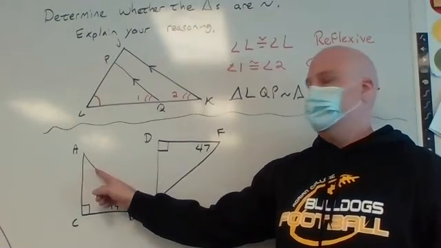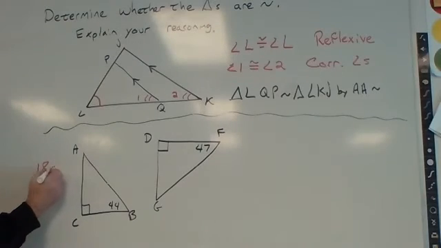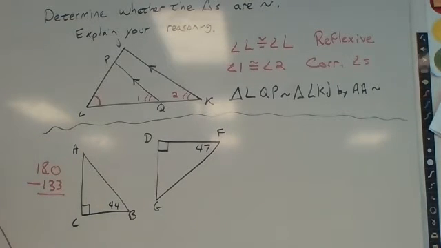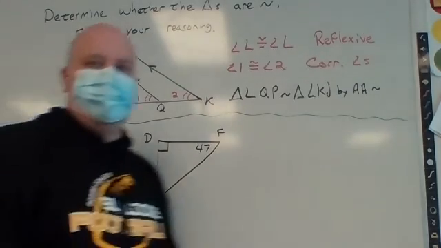You add the 90 and 44 together, and then you subtract from 180. 90 and 44, not 43. 90 and 44 make 134. What is 180 minus 134? 46. And so we just proved that angle A is 46.